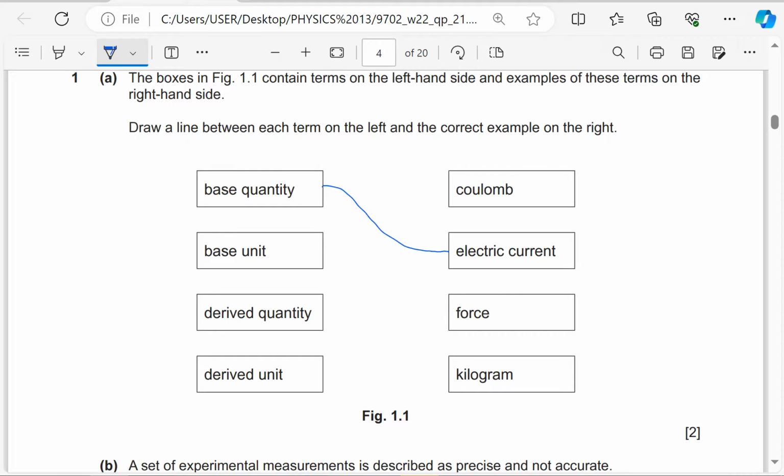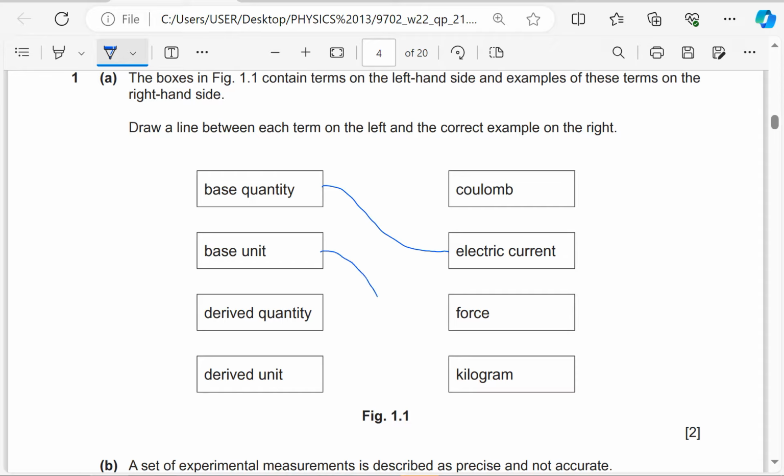Then base unit. The units of base quantities are going to be base units. There are 2 units here, Coulomb and kilogram, but Coulomb is a unit of charge, which is I times T, so Coulomb is ampere times second. It's not a base unit on its own.